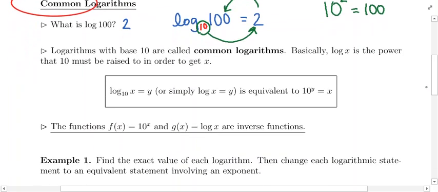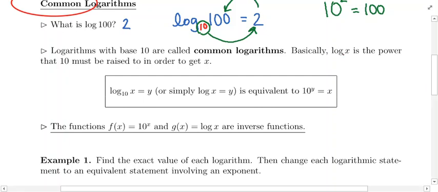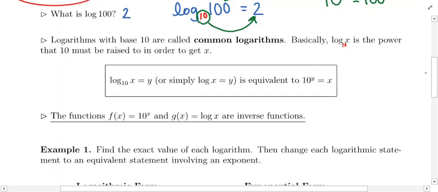It says in the second bullet point that logarithms with base 10 are called common logarithms. And what I just said, basically log x, which is understood to be log base 10 of x, is the power that 10 must be raised to in order to get x. In the box, it's just summarizing what I've just told you.